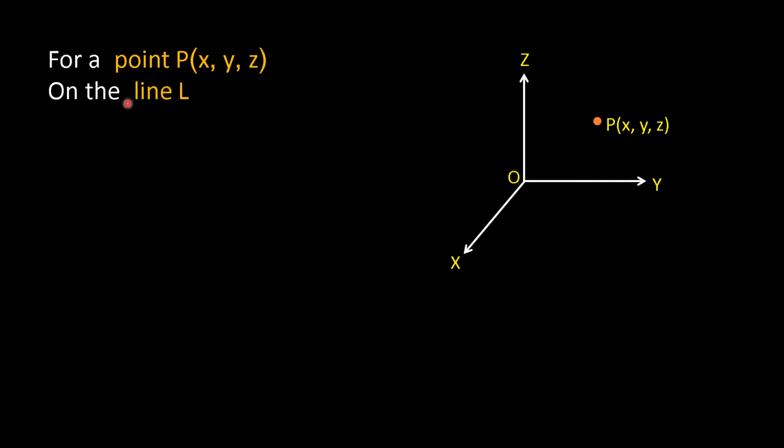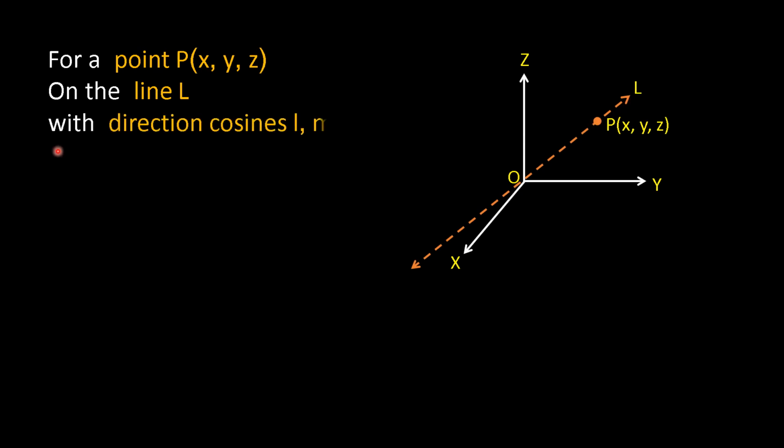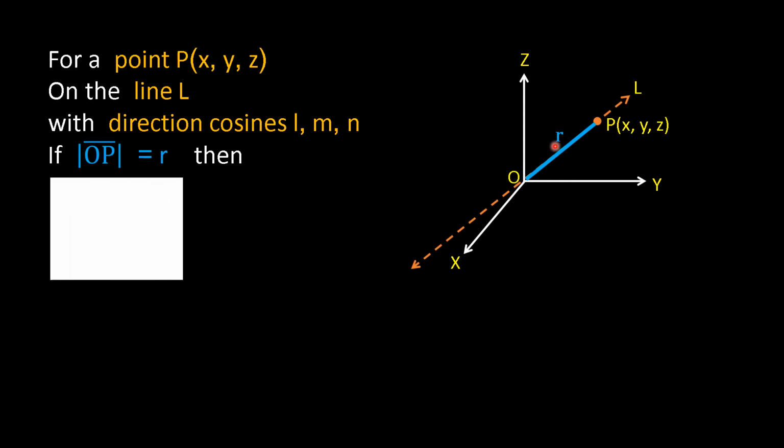For a point P (x, y, z) on the line with direction cosines l, m and n, if mod OP bar equals r, then the x coordinate of P will be lr, its y coordinate will be mr and its z coordinate will be nr.